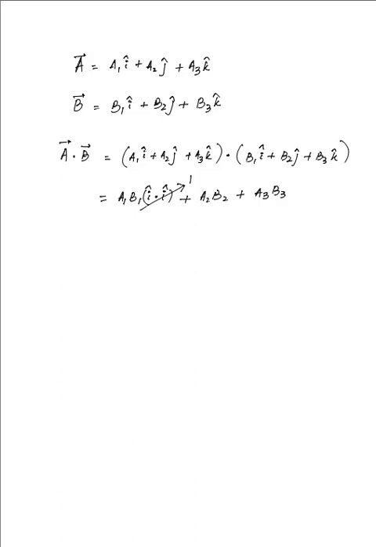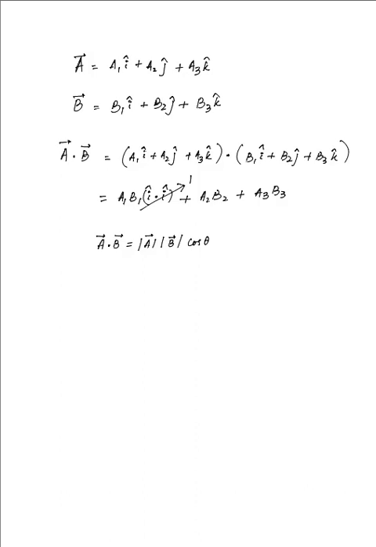So this is the value of the dot product of two vectors represented in three-dimensional space. As you know, A dot B, as discussed earlier, is simply the magnitude of A, the magnitude of B, multiplied with cosine of the angle between A and B. And in that case, what we have over here is that A dot B is equal to a1 b1 plus a2 b2 plus a3 b3.